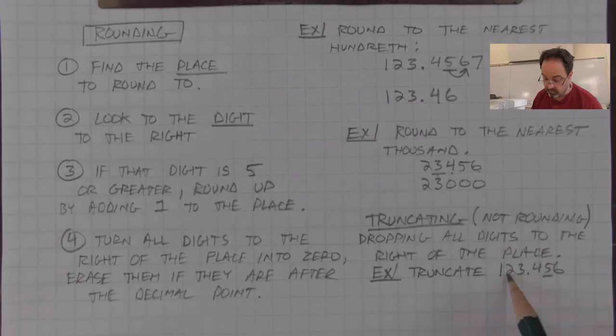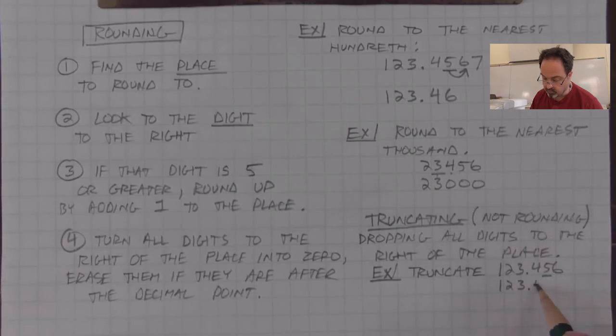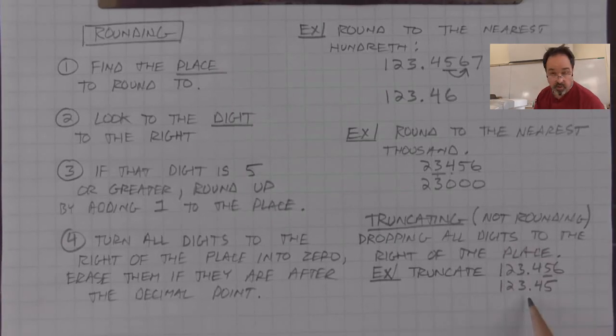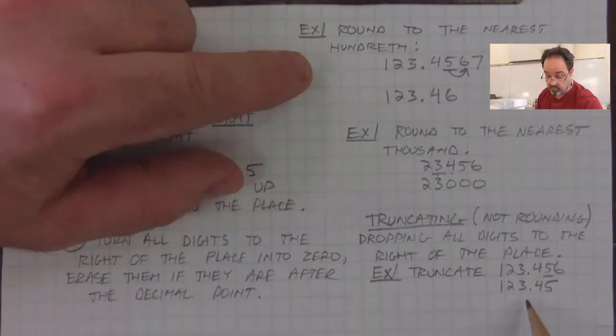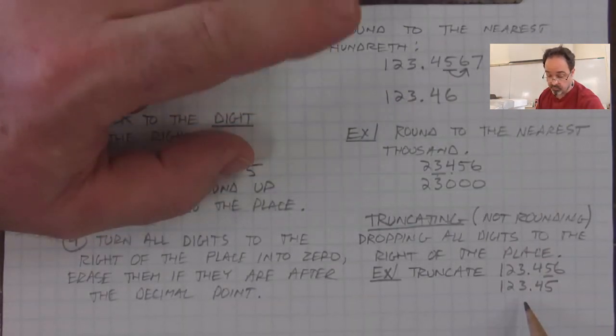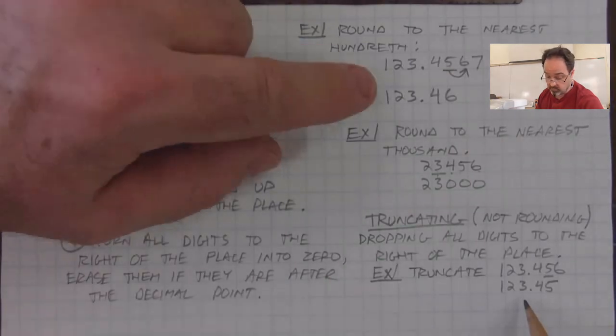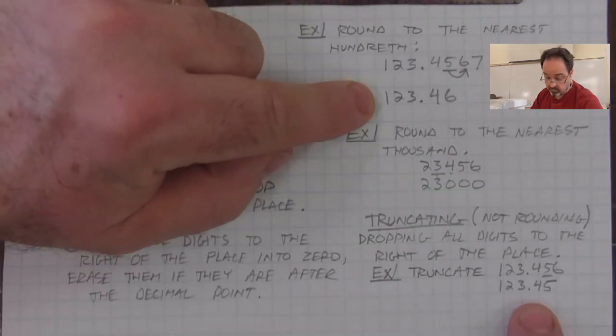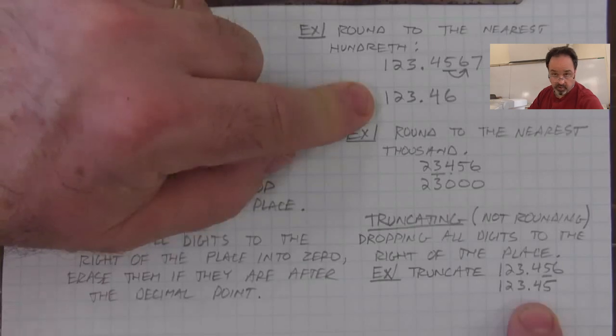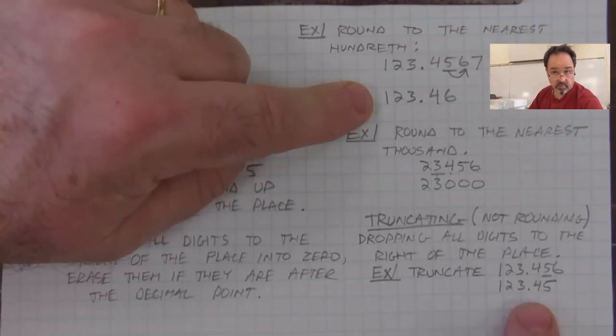To truncate to the hundredths place would then be to simply drop all the digits, in this case the 6, from the number and turn it into 123.45. Truncating is not rounding. Notice the similarity to the example in which we rounded, that the result is different. It's more accurate to round numbers than to truncate.